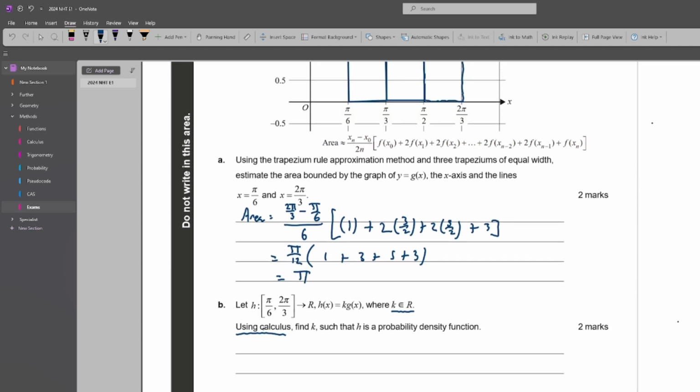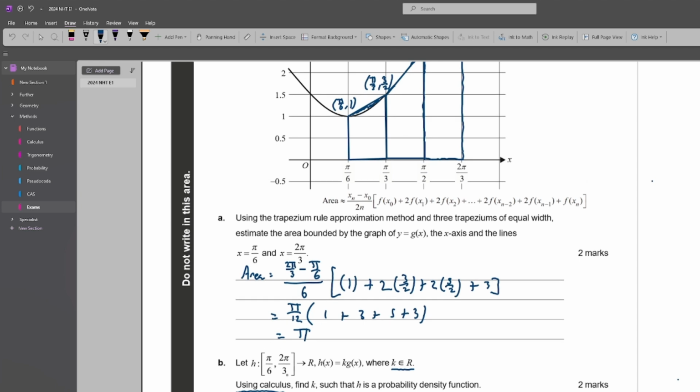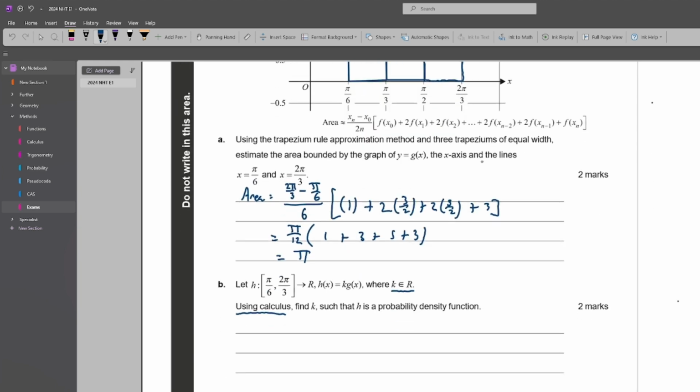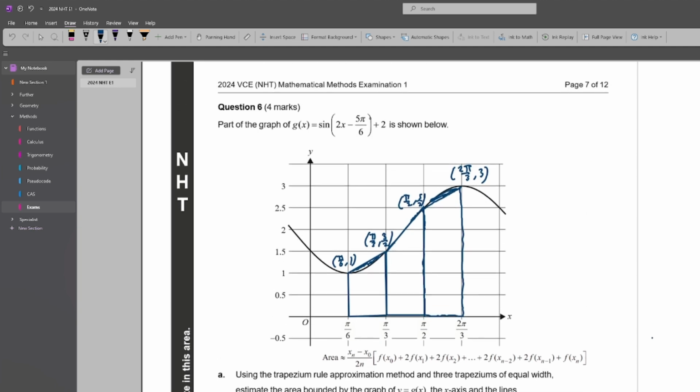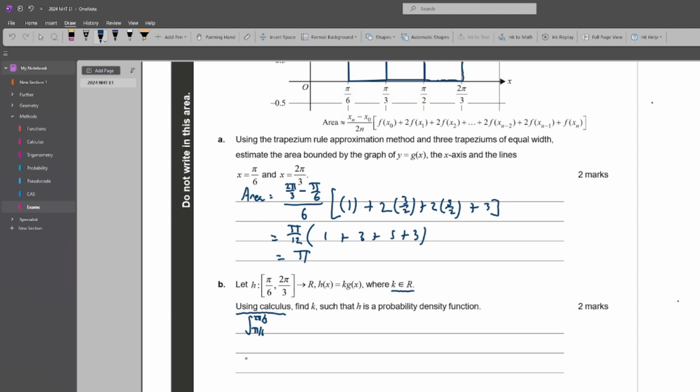So we're going to integrate from pi on 6 to 2 pi on 3, k times g of x, and that should equal 1. K times g of x, where g of x was this sine function. So what we'll do, because the k has to apply to the entire function, let's just factor it out. K is just some number.